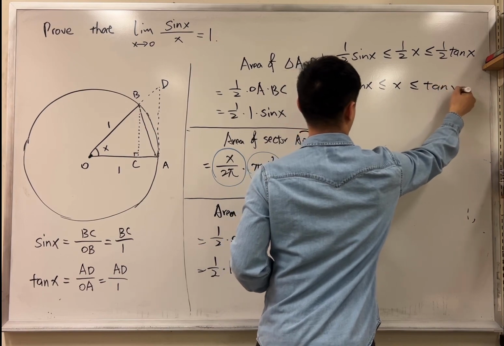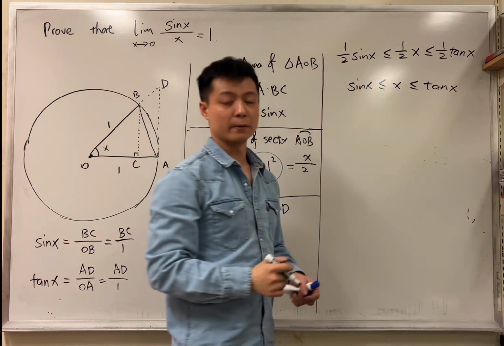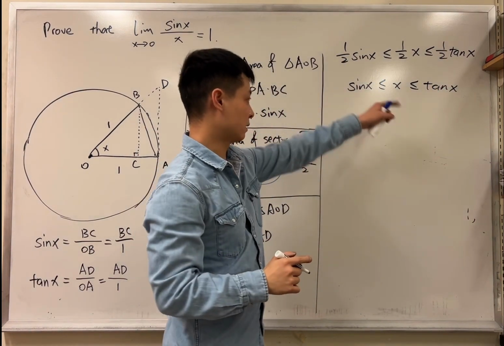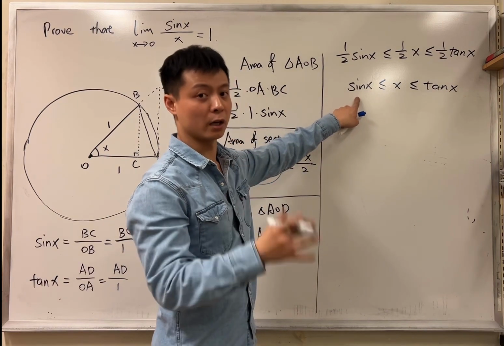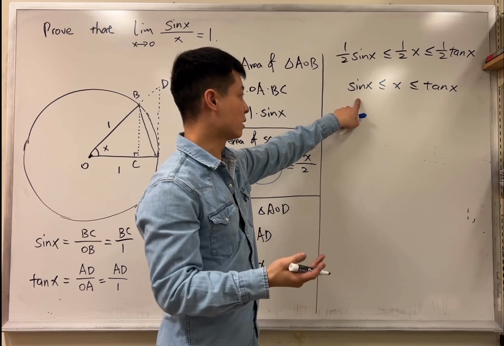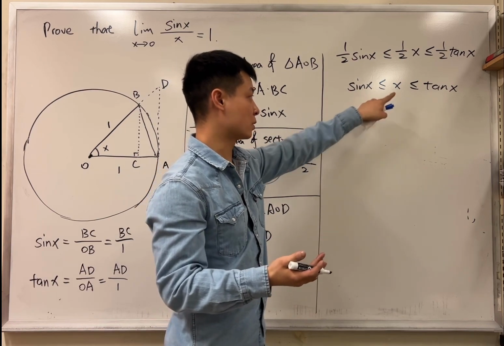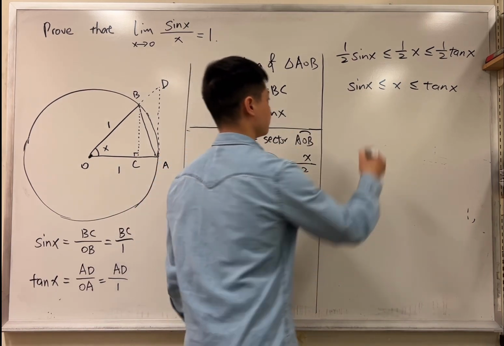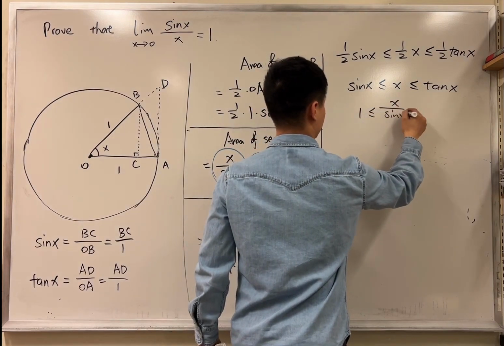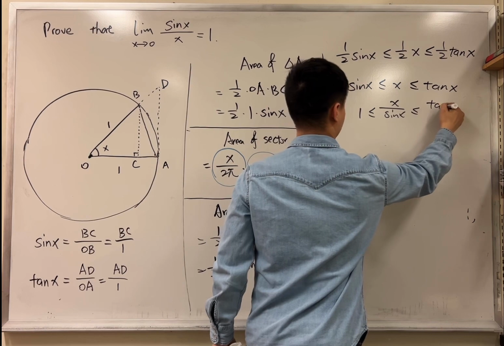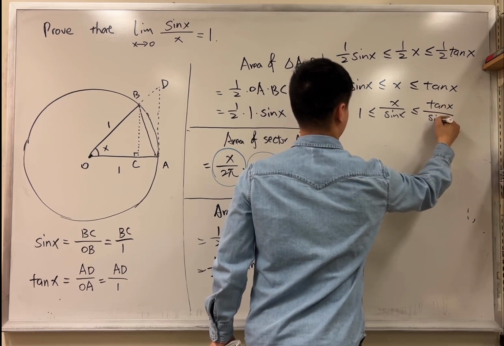So we have this. And then we want to divide all the terms by sine of x. And because we know sine of x is going to be greater than 0, that does not change the direction of the inequality. So 1 is less than x divided by sine of x, which is less than tangent of x divided by sine of x.